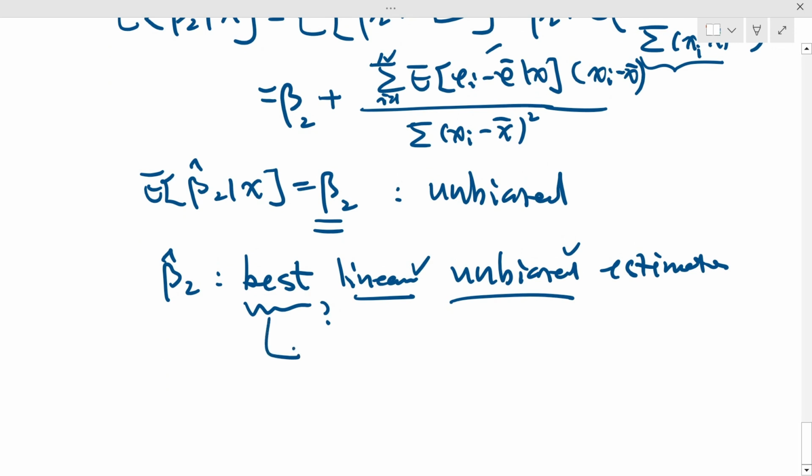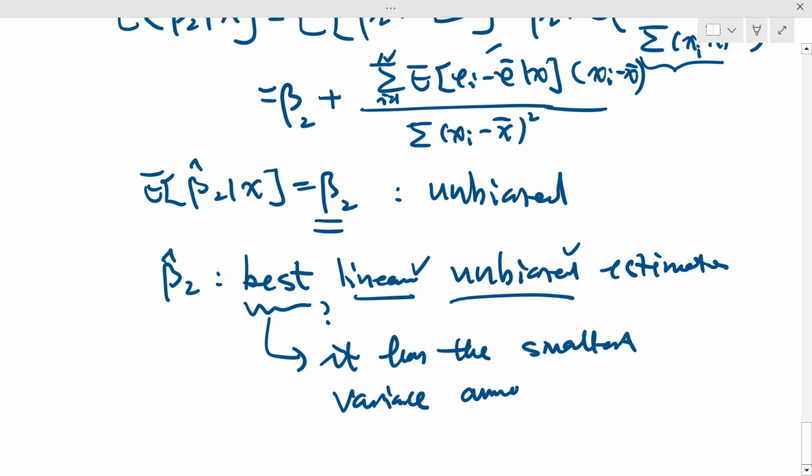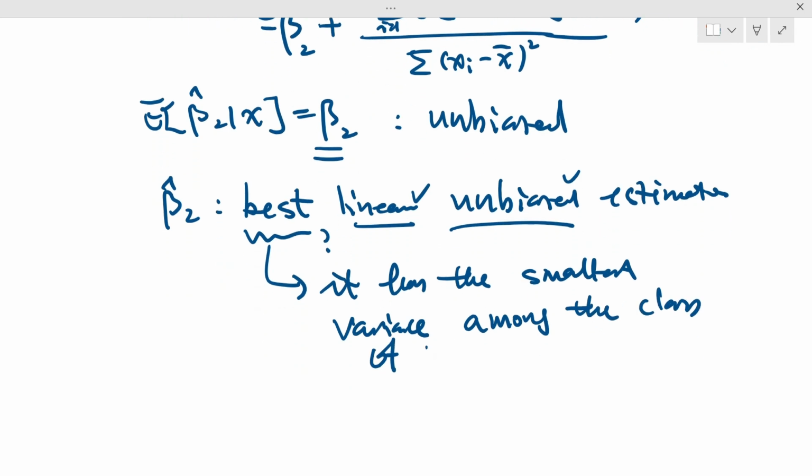Best means it has the smallest variance among the class of linear unbiased estimators. And this is called the Gauss-Markov theorem.